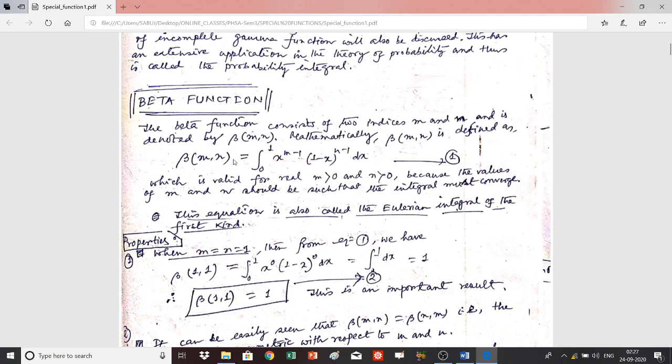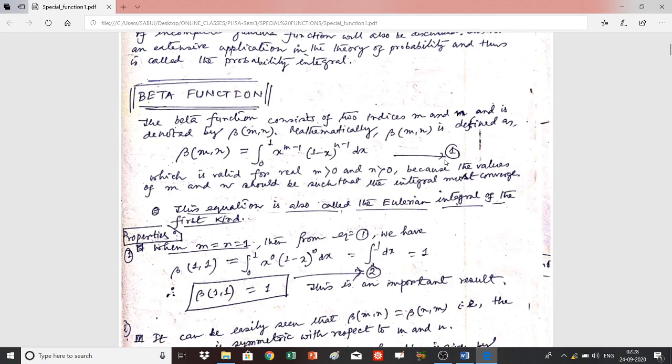So for two indices m and n, the well known, familiar beta function is denoted by beta m n, and it is defined mathematically by the integral from 0 to 1 of x to the power m minus 1 into 1 minus x to the power n minus 1 dx. I have written it as equation number 1.